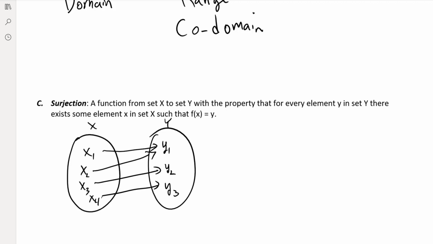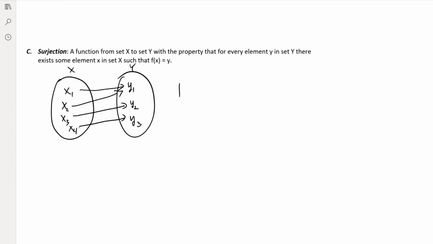We could write this in a very succinct mathematical language as follows. We would say the function f is surjective or a surjection. In fact, let me specify that the function maps from X to Y, sets X to Y this way.